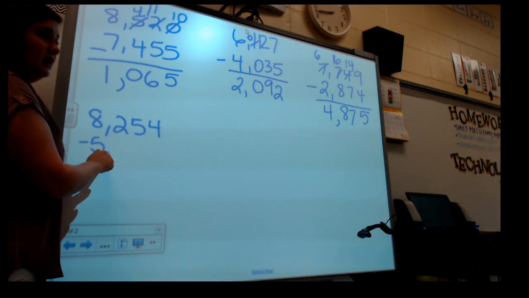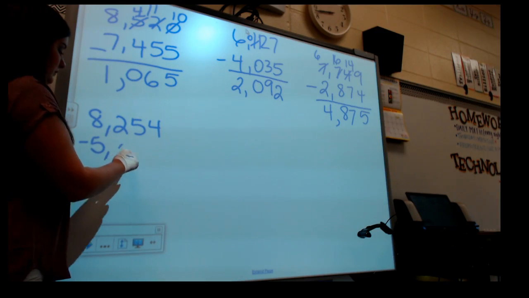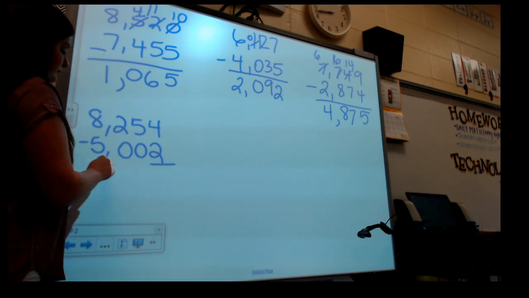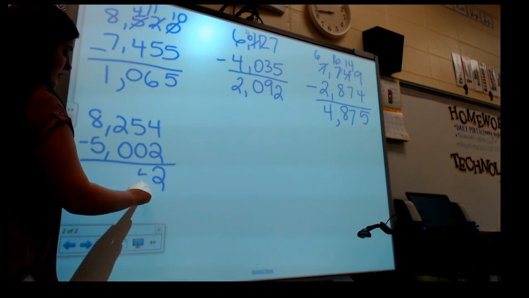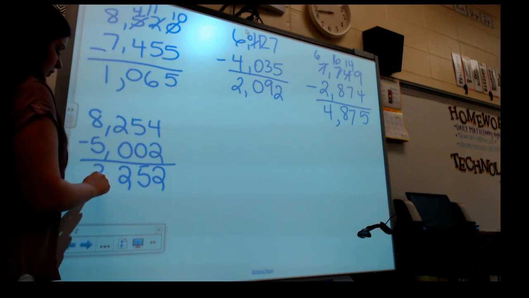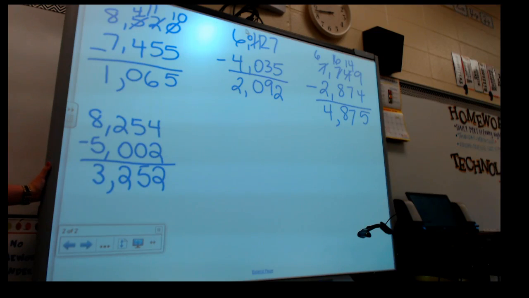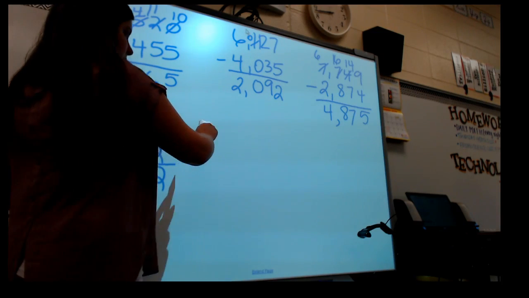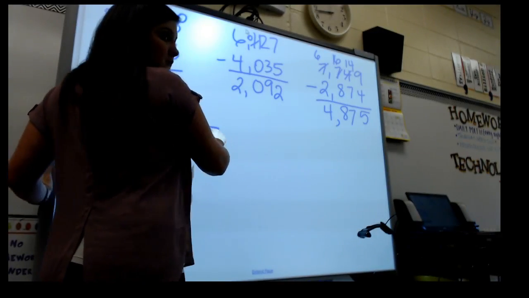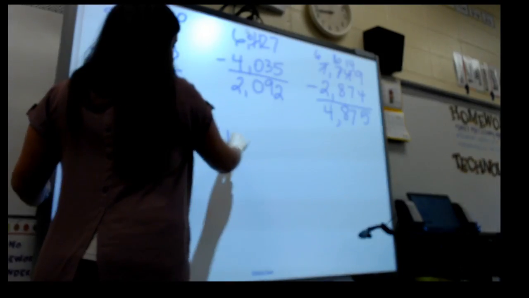5,000 what? That'll be 2, 5, 2, 3. Put my comma. Leah, what's my next one? 7,185.